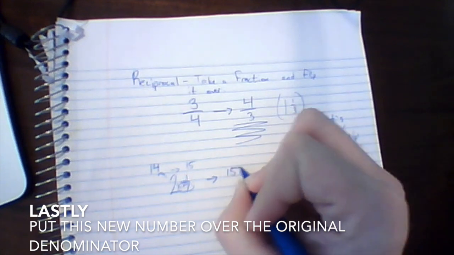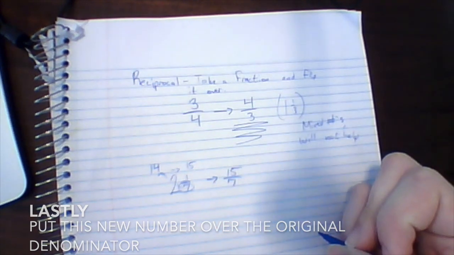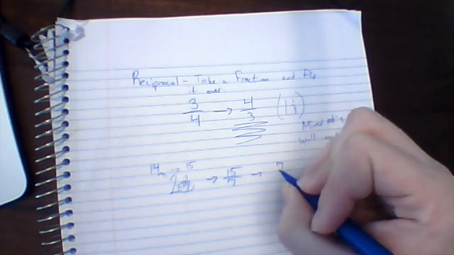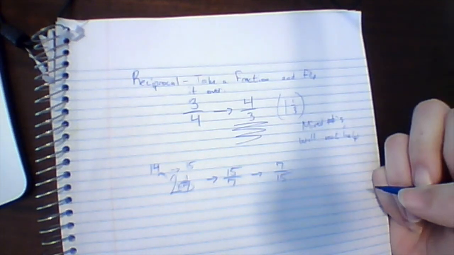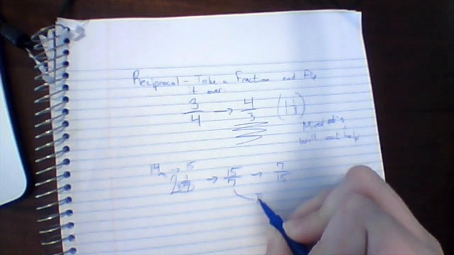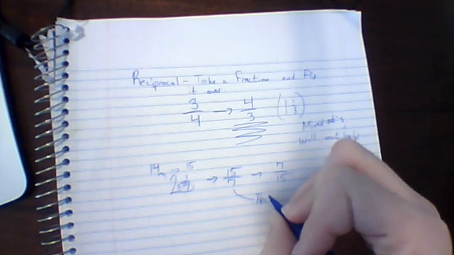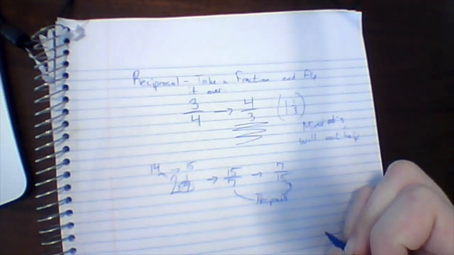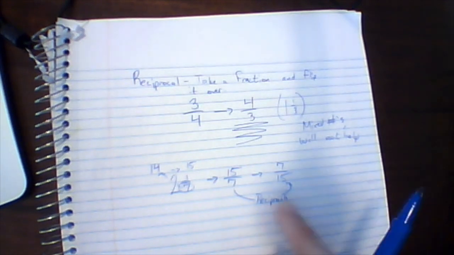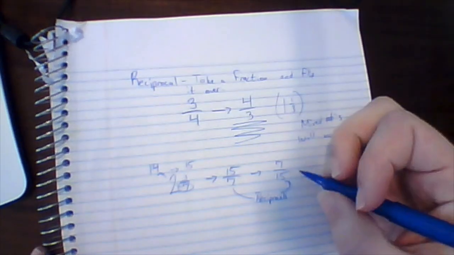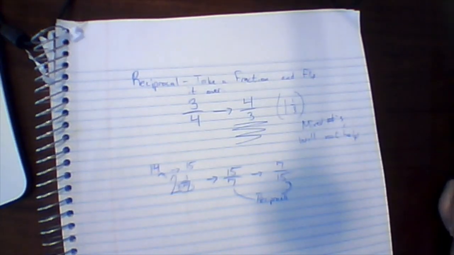So this is 15/7, and 15/7 flipped over would be 7/15. So 7/15 and 15/7 are reciprocals of each other. The idea behind a reciprocal is that if you were to multiply the two numbers by each other, you would end up getting 1. But that's not necessarily important to us.